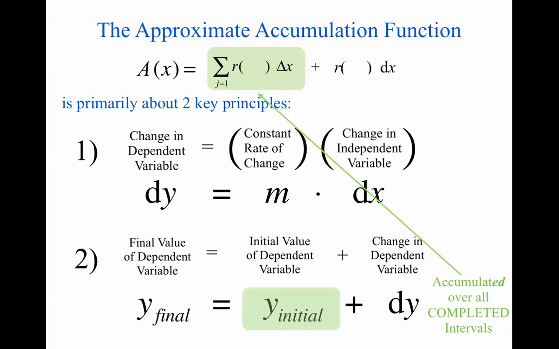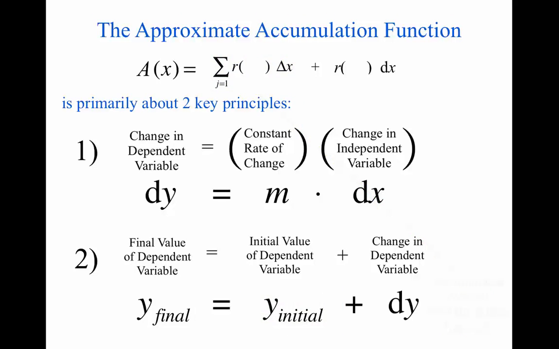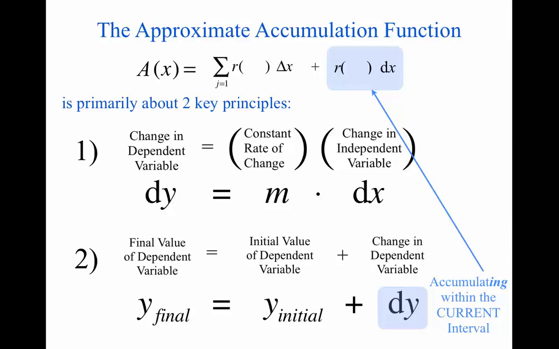It's the total accumulation for the completed intervals. At any given point, we can think of the total accumulation of the completed intervals as some initial value of accumulation. And then the dy is what's accumulating in the current interval.